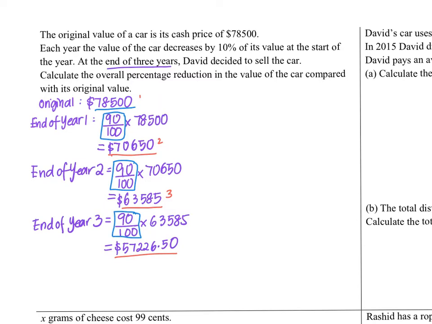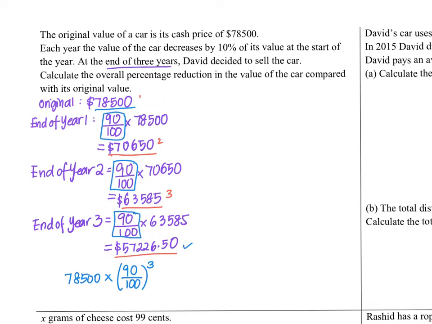The shortcut for this method is to take 78,500 times the 90% left, to the power of 3 for 3 years. And you should be able to get the same answer over here. Now we'll move on to our question.